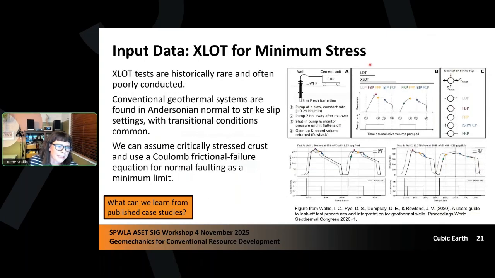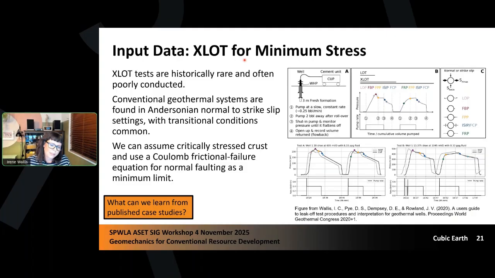Another kind of input data is measuring the magnitude of your minimum stress. And in geothermal, this is historically rarely done, and often poorly done. What we find in our hard rock environments is there's often very little correspondence between a leak-off point and the actual fracture propagation pressure or instantaneous shut-in pressure that would more confidently constrain the minimum stresses.